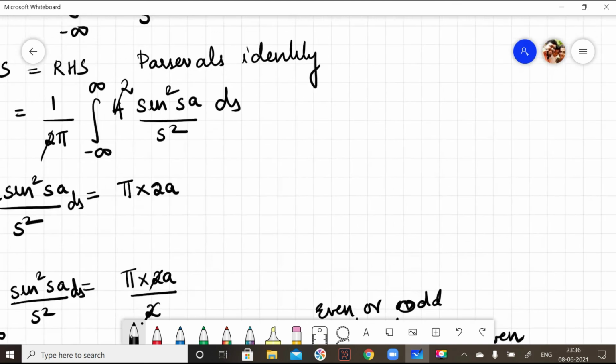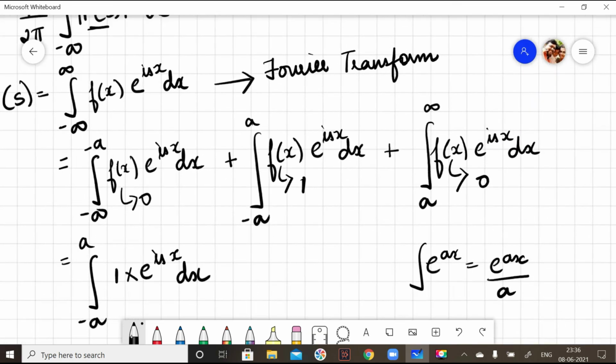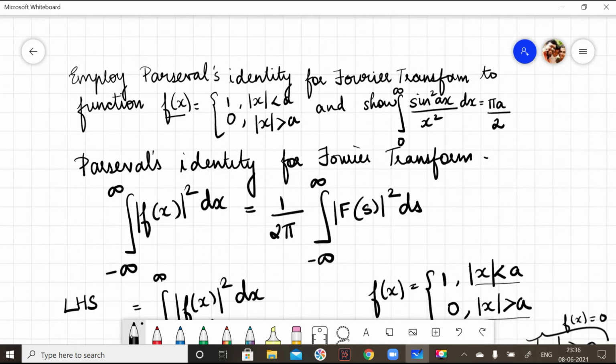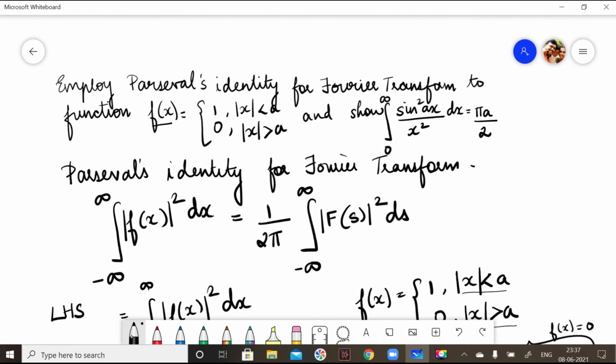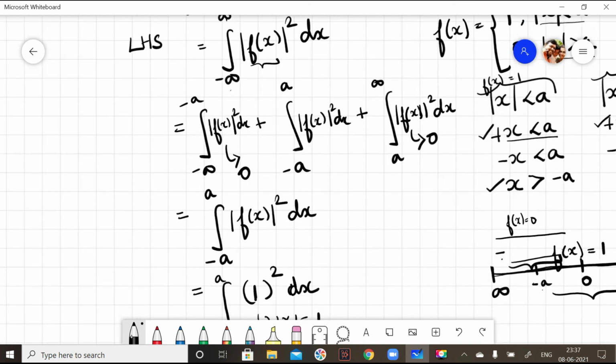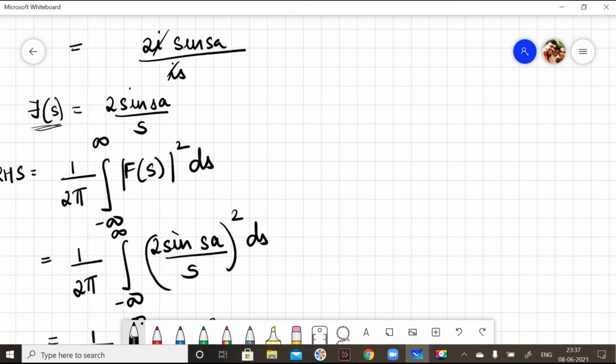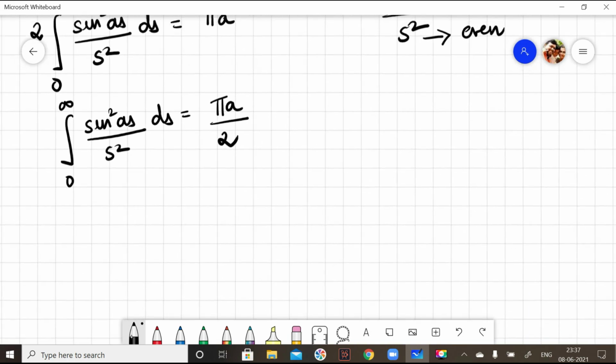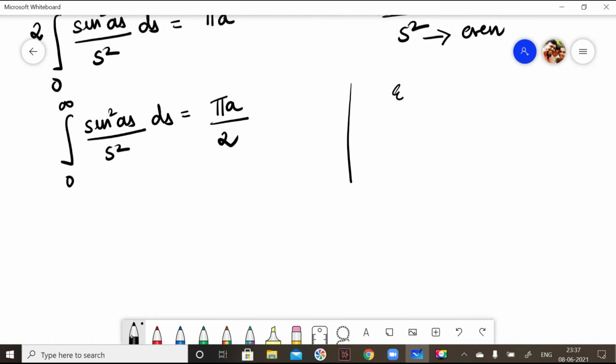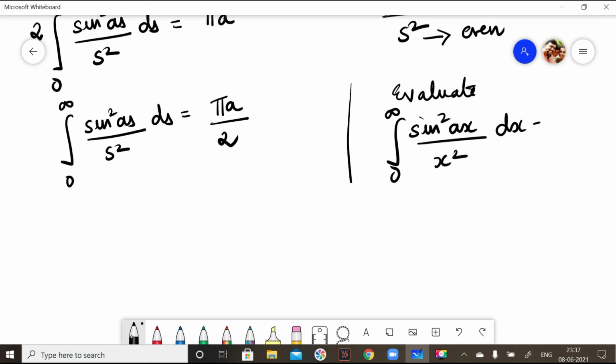So what should I find out? Look at the question. In the question it is integral 0 to infinity sin square ax by x square dx is equal to pi a by 2. I have almost derived the solution, but there is a small change.